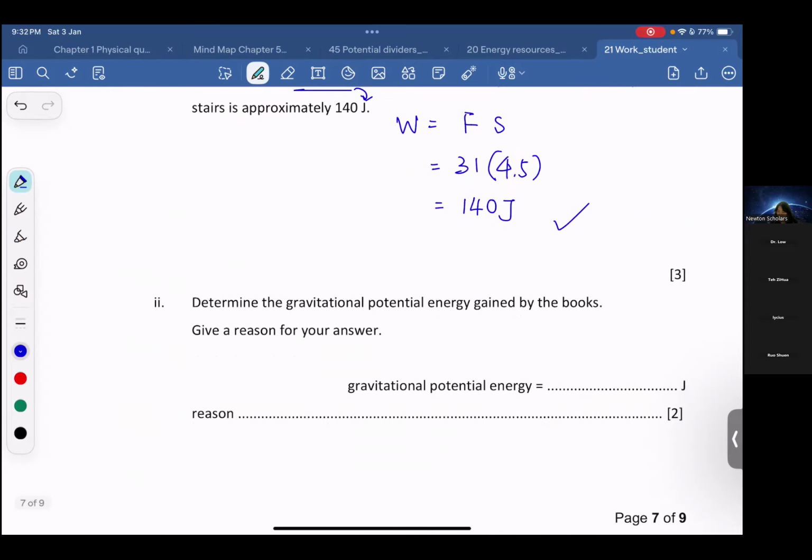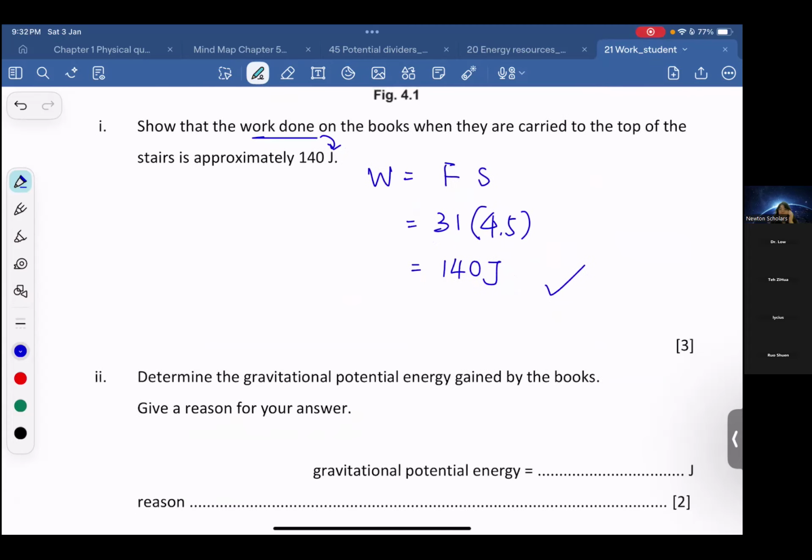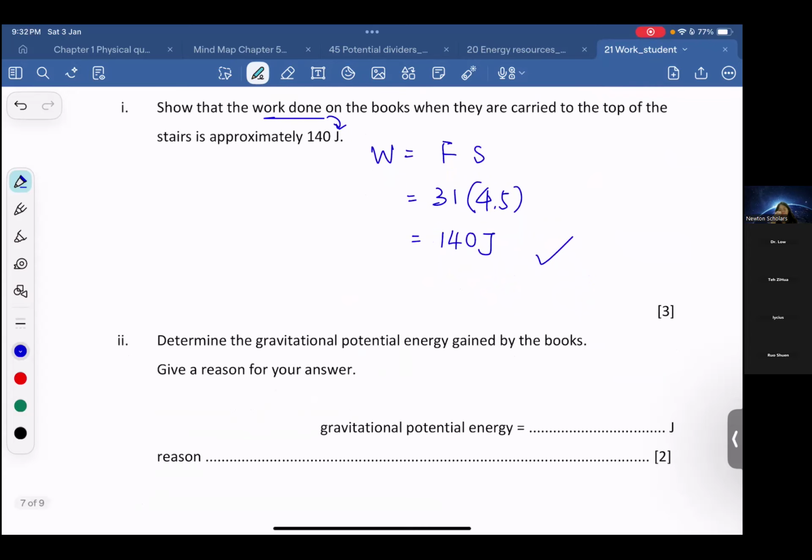Okay, determine the gravitational potential energy gained by the books. What is the GPE gained by the books? Can you give a reason for your answer? Last already? Lydia, give me the answer. Zihua, yes, why? Angeline, yes.